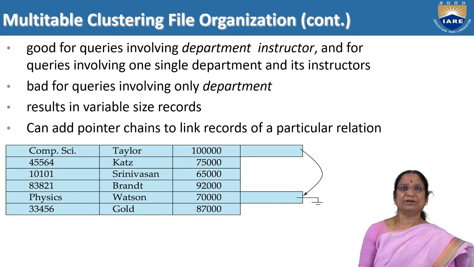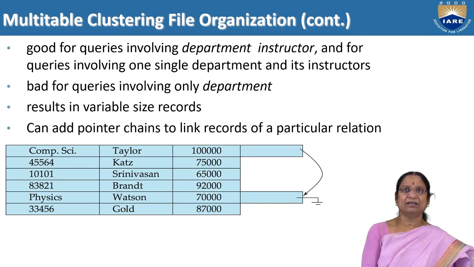Why is this type of organization needed? In which cases is it suitable? For example, when most of the frequently asked queries involve the same multiple tables, these two tables, then storing such data in multi-table clustering file organization is effective. Why?